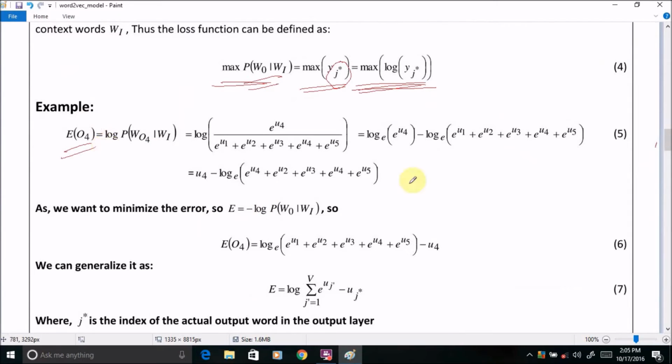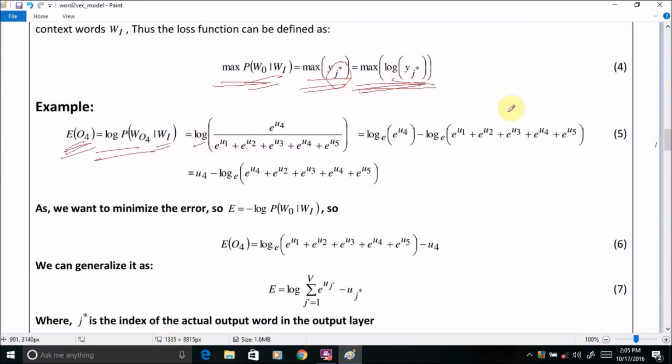So in this case we can calculate the error EO4, which is equivalent to the log probability of W4 with respect to the given context Wi, which is equivalent to y4 log y4.